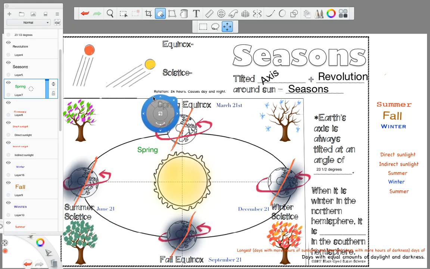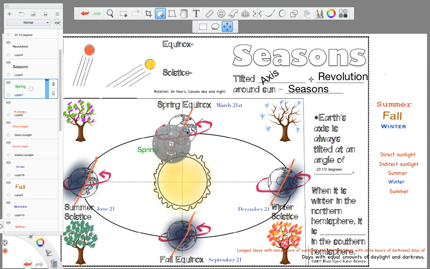A rotation is 24 hours, and that's what causes day and night. And you can see this pink arrow that I have here, that's Earth rotating on its own axis, so the spinning of the Earth. So at any given time, half of the Earth is always in darkness. It's always nighttime somewhere, and that's due to the rotation of Earth.